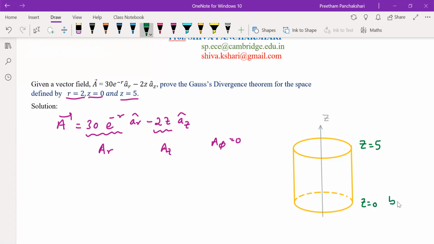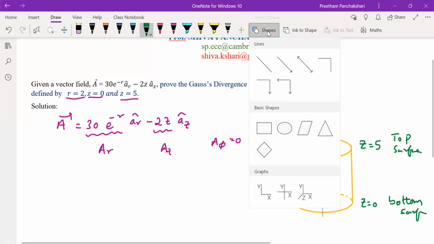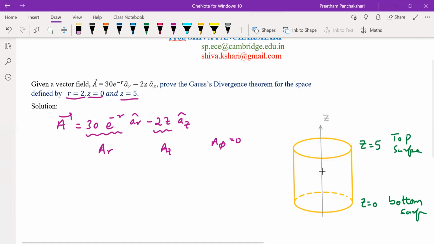Z equal to 0 represents the bottom surface, and Z equal to 5 represents the top surface of the cylindrical system. The radius here is taken as R. It is given as 2 meters. Radius is the distance perpendicular to the Z-axis. So these are the informations given.